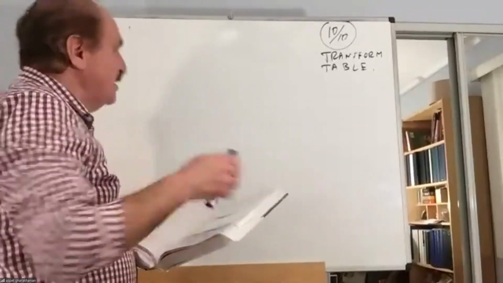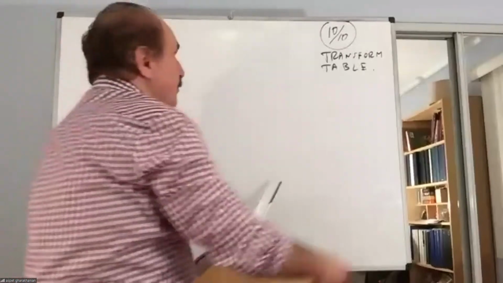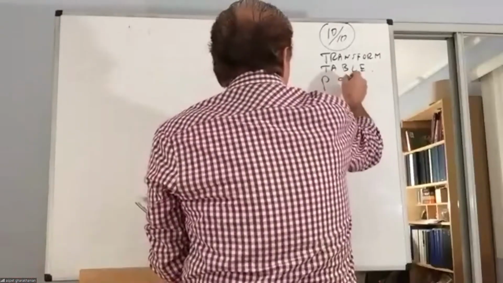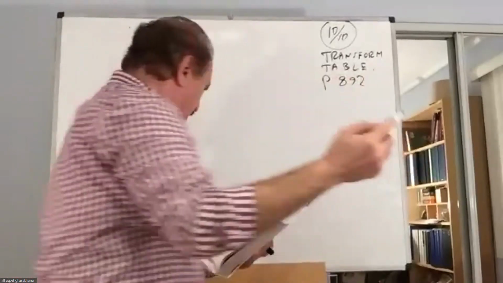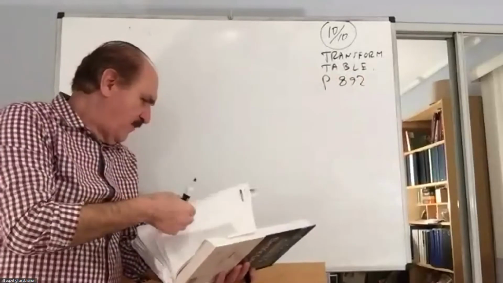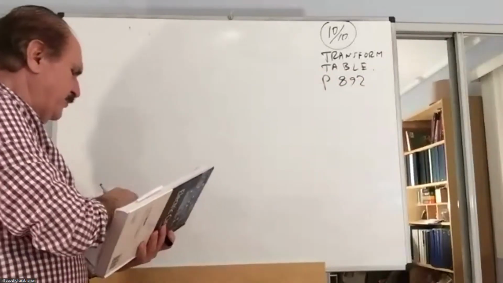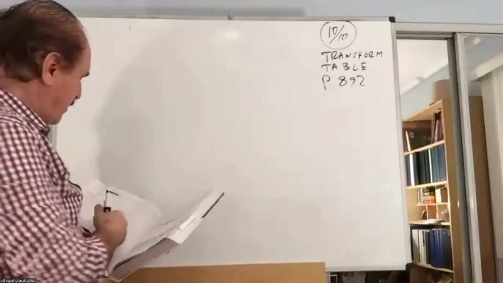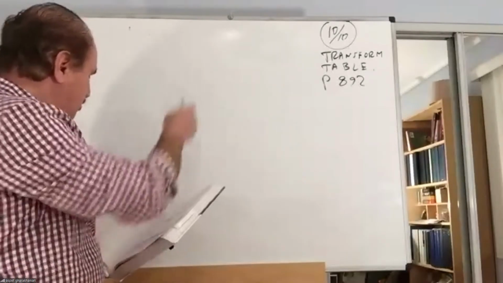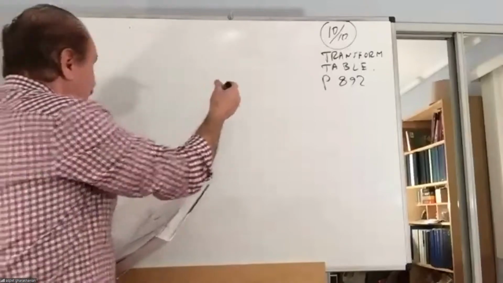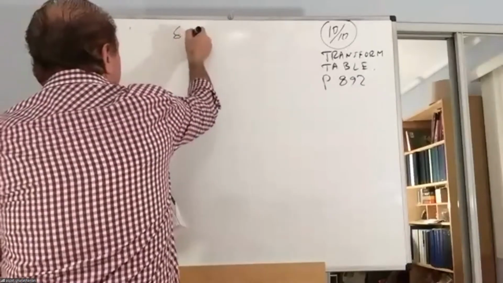Page 892. There is a list of various types of functions of time and the transforms. It starts with the delta t. Here, I will write a few of them.